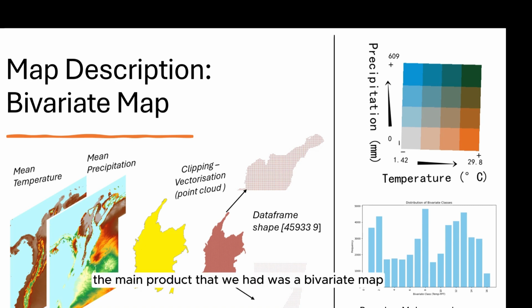The main product that we had was the bivariate mapping that I'm going to show you later in the last slide. Basically, we have the mean temperature raster and the mean precipitation raster across the year without any type of grouping.